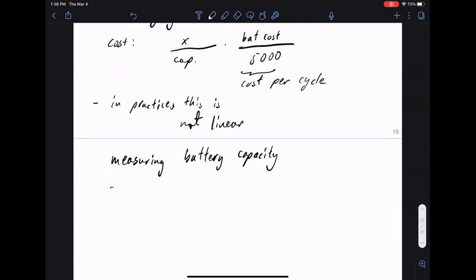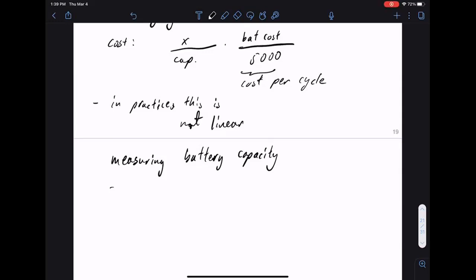So how actually do we know? Just a test discharge. Can you be more specific? What's a test discharge? Like discharge the battery at a specific rate and see how long it takes. And what rate is that? It's close. What do you think the rate is? I'm not sure.